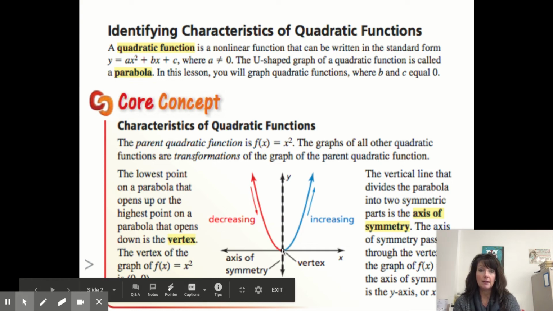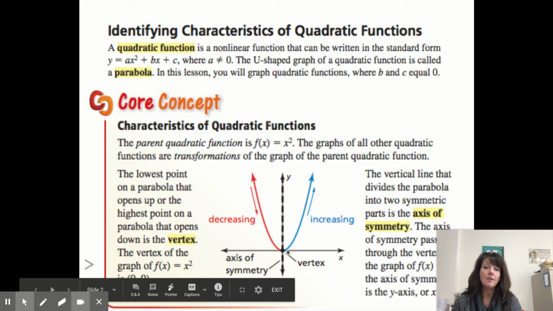We'll be describing it in terms of the x-coordinate there, and that would be telling us the answer. The other thing we're going to look at is whether it's increasing or decreasing. Typically we read graphs left to right. When we're reading left to right, x is always increasing. You remember you have two different things happening: the characteristic of the x-coordinate and the characteristic of the y-coordinate. When x is less than 0, as x is increasing, y is decreasing.